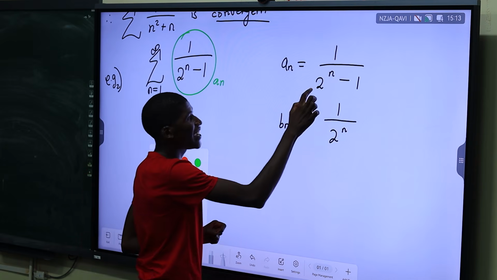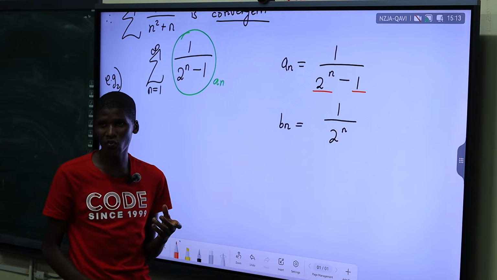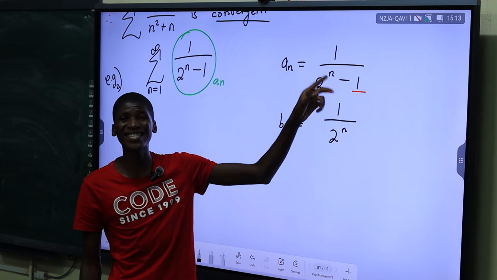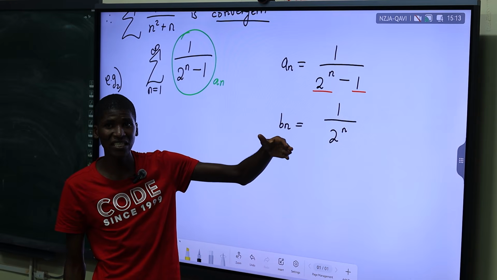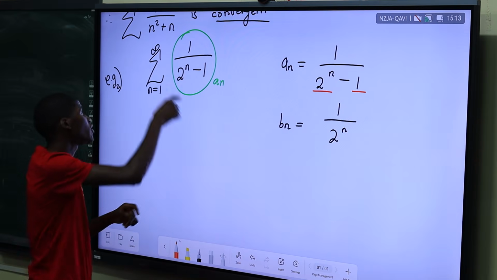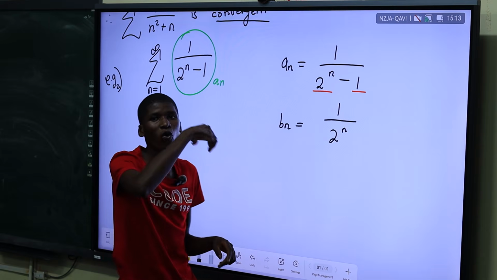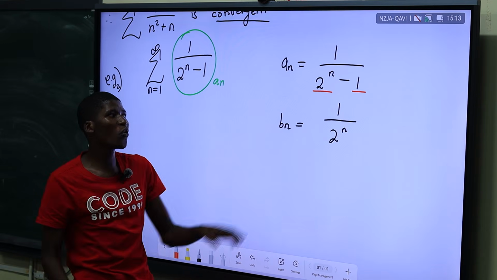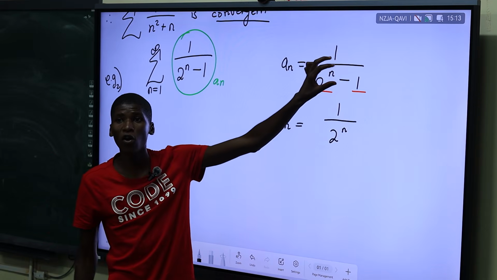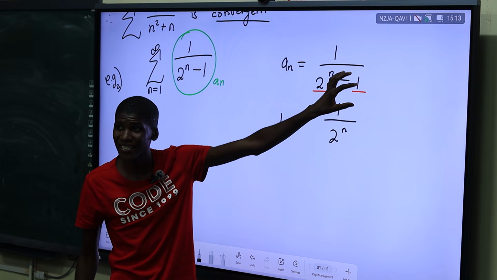In this case, 2 to the power of n will always be more significant than the minus 1, because the minus 1 is constant, it never changes as n changes. But if you put different values of n, as it goes to infinity, you are increasing the values of n, so 2 to the power of n will always be a greater number. It will always be significant over the 1. That is why we make this one insignificant.